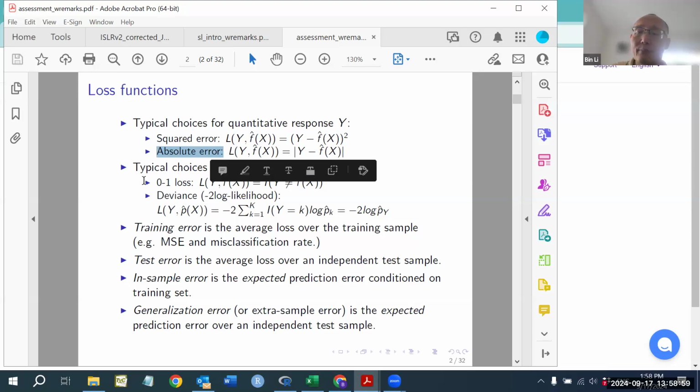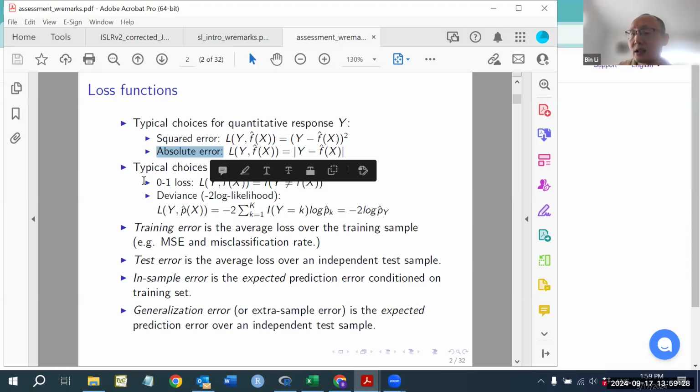Why? Because absolute error is more robust to these outlying residuals. It emphasizes them less by just using their absolute values. But the squared error loss squares the error.